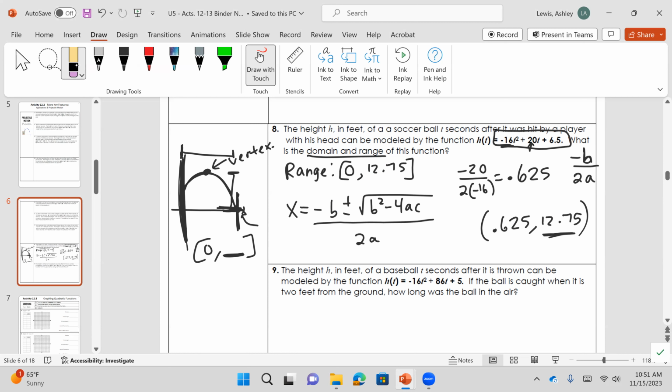We're going to erase these b values, and what do I put in its spot? 20, that's the b value. And then a is negative 16, c is 6.5.